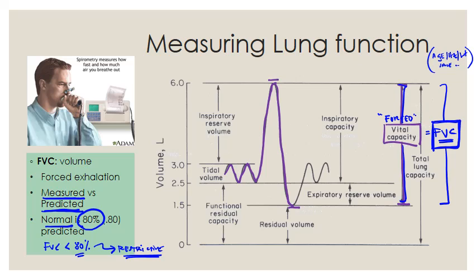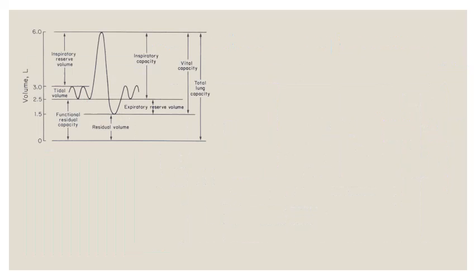Next, what we're going to do is to place this forced vital capacity, this FVC volume, into something called a flow volume loop in the next slide, and we're going to discuss how it's used to diagnose various airway diseases. Now, a second measurement is needed to help us understand flow rate problems, and this is called the forced expiratory volume in 1 second.